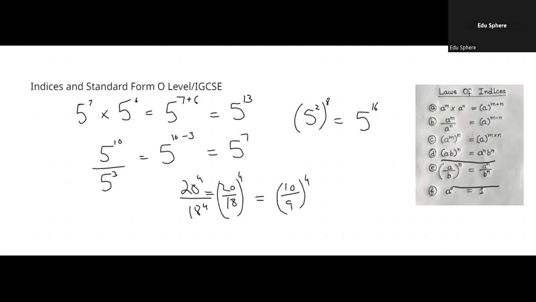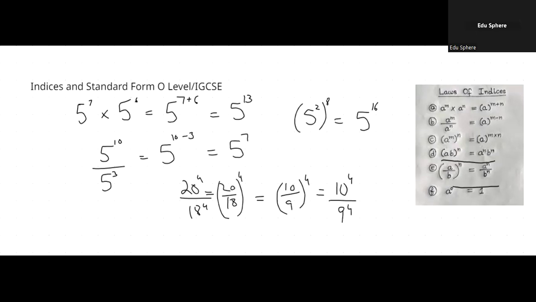Or you can even write this as 10 power 4 over 9 power 4. See, this rule is applicable in the reverse form. First, we converted this into this and then we back converted into this form. And now you can take the answer by taking the power, or you can keep this answer like that.